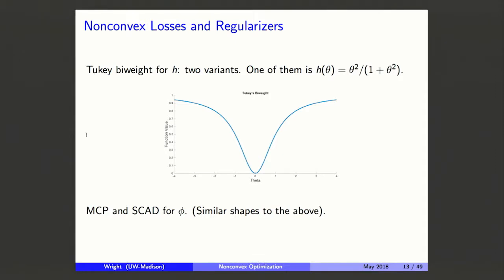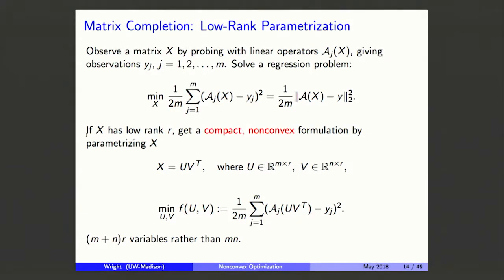For example, the Tukey biweight function for the residual, where if you're close to zero residual, it looks like a traditional quadratic least squares loss, but as you get larger residuals, it tends to flatten out. And then for the regularizer, the MCP and SCAD regularizers have been proposed that have similar shapes. So that's another source of non-convexity.